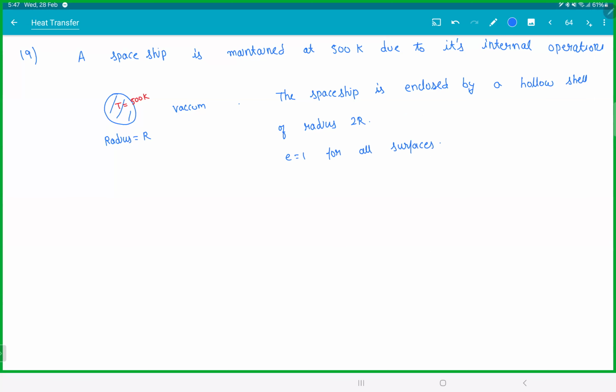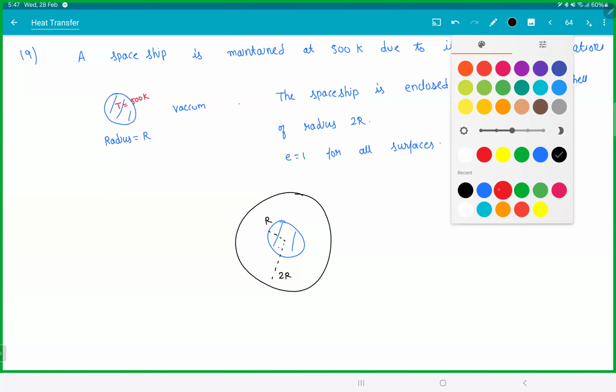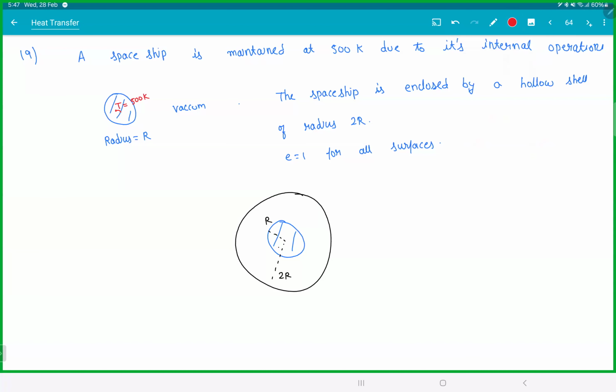What do you mean by internal operations? Indirectly, he's saying inside there is a heater which is producing heat, right? That is maintaining the temperature of the spaceship. Fair enough? Now what you did, the same spaceship, you covered this whole thing with a shell of radius 2r. This radius is r. Now remember, this spaceship is still producing the same amount of power which it was producing before.